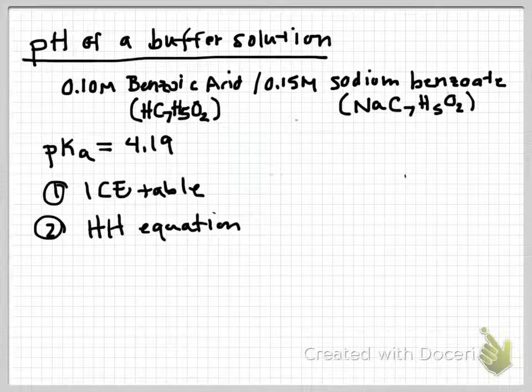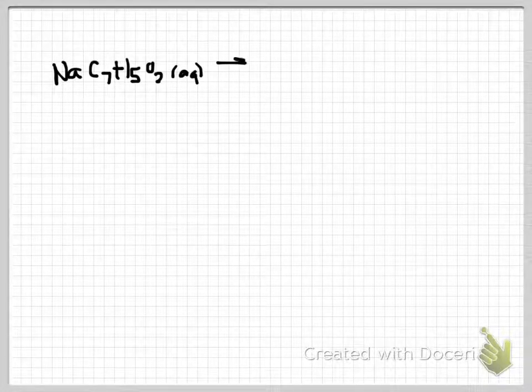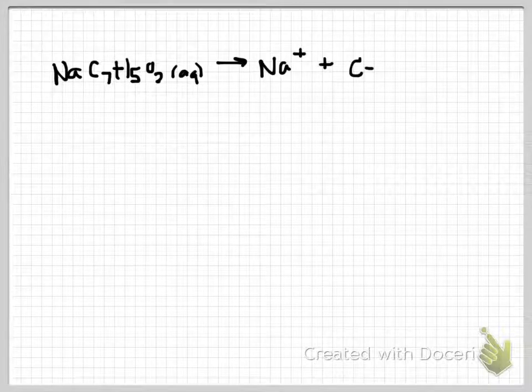So let's look at our reactions that we have going on in our buffer solution. So we have our sodium benzoate, which has a formula NaC7H5O2. This is a salt, and it will completely separate in solution, or completely ionize, so Na plus the benzoate ion.